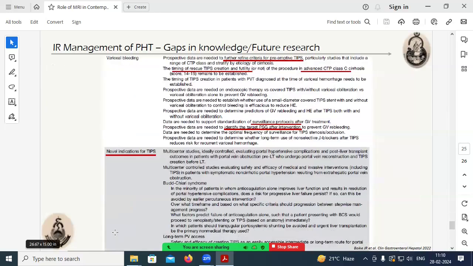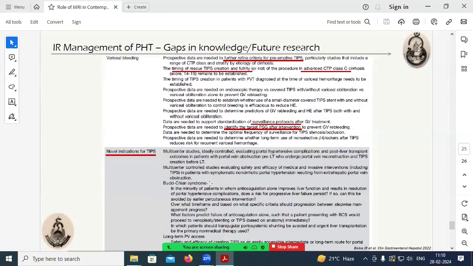In the case of variceal bleeding, what are the criteria for a preemptive TIPS? And what is the timing for a rescue TIPS in an advanced Child C patient? Similarly, what should be the surveillance protocol, how do we identify the target portosystemic gradient for intervention, and what are the novel indications? Among novel indications, they have mentioned many things, including Budd-Chiari syndrome.